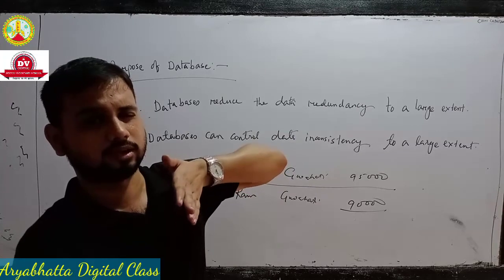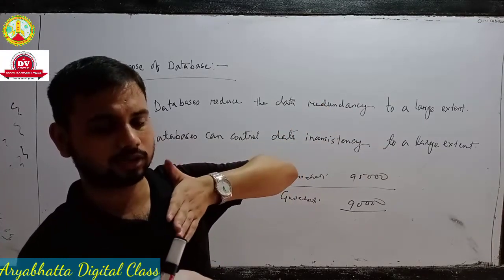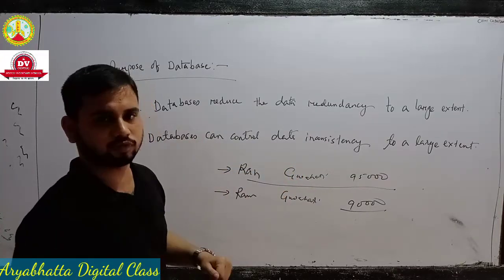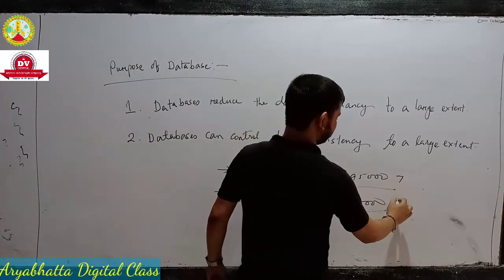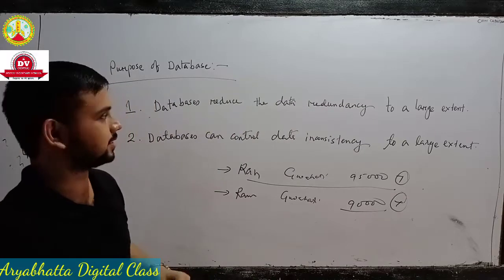So the concept is that this is data in conflict. The data conflicts with each other. When you access the person's information, which one do you take as true? At that point data inconsistency comes.